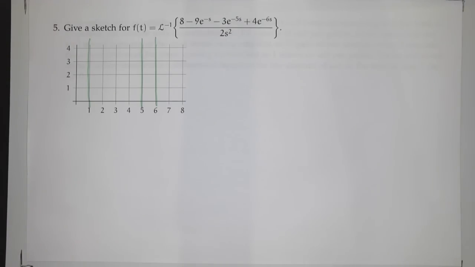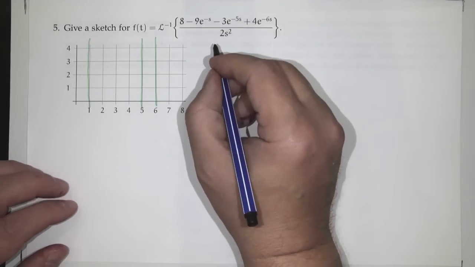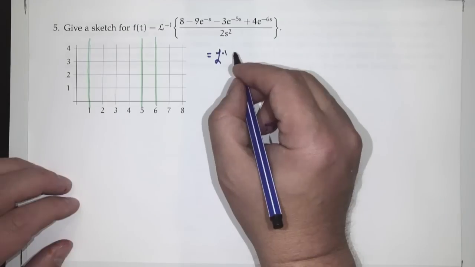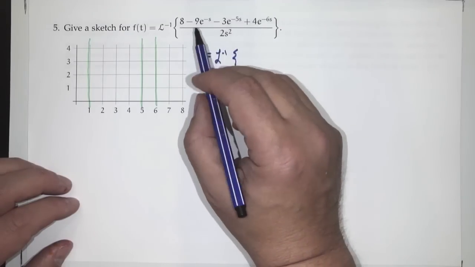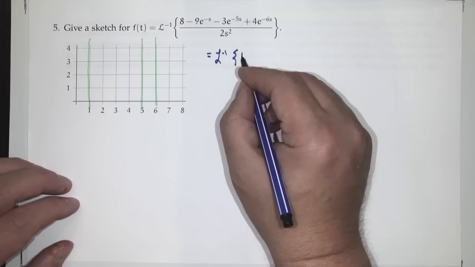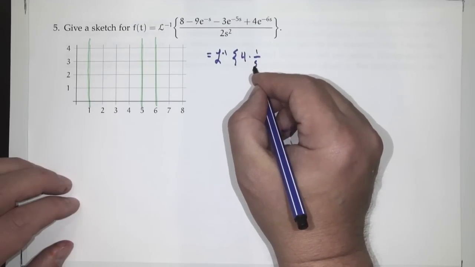Now, the nice thing is these are all very similar, so we can write this as the inverse Laplace. We'll do the first thing, 8 over 2, well, that's 4, 1 over s squared.